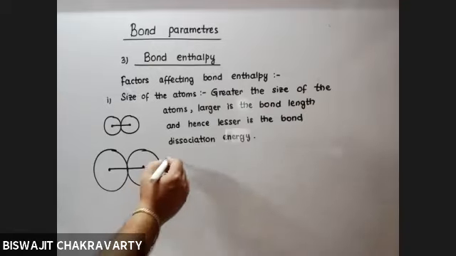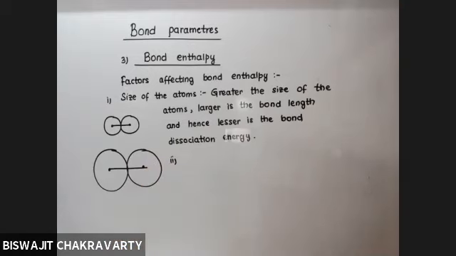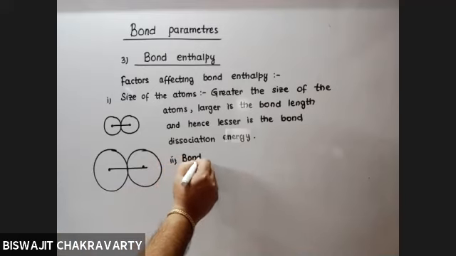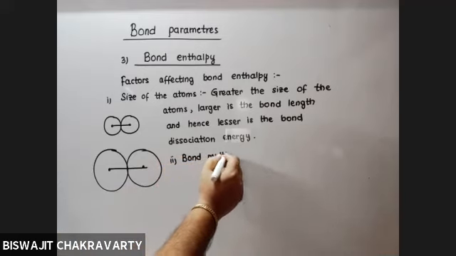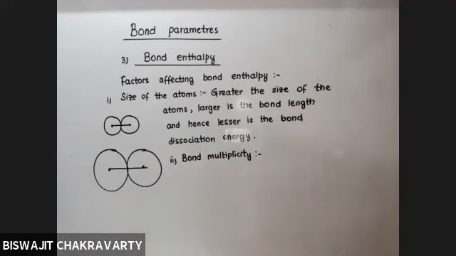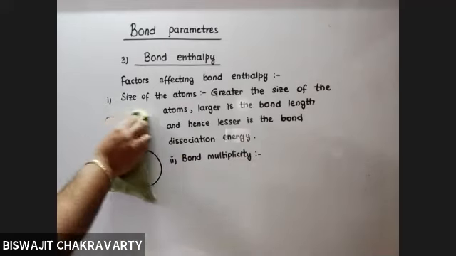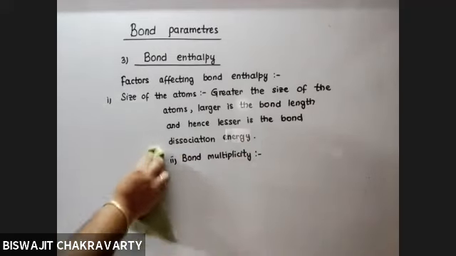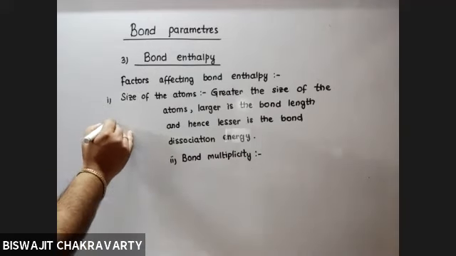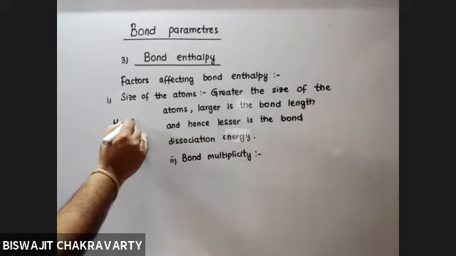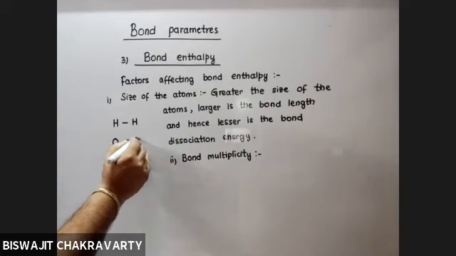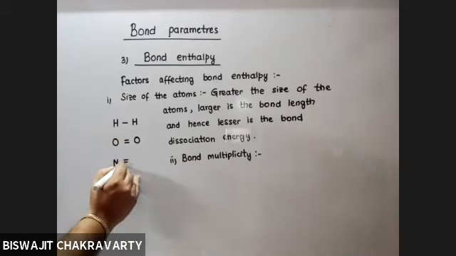The second factor which affects the bond enthalpy is bond multiplicity, which is of course the number of bonds present between the 2 atoms. Say, I take the example of hydrogen single bond hydrogen, oxygen double bond oxygen, nitrogen triple bond nitrogen.